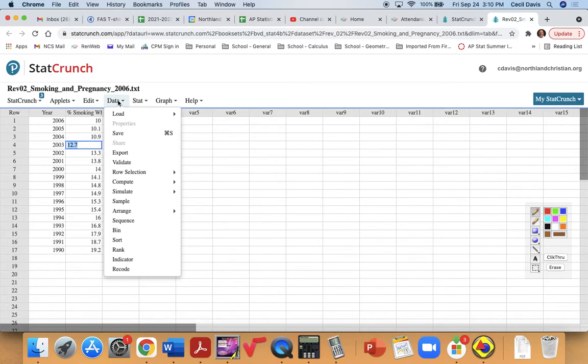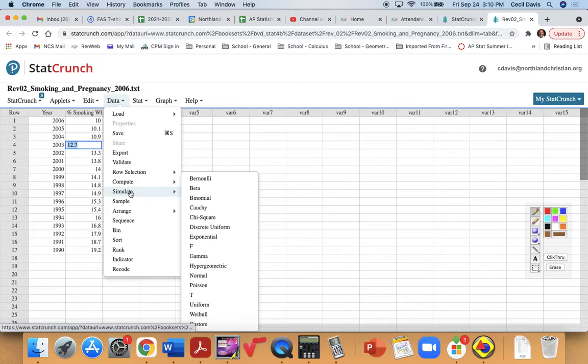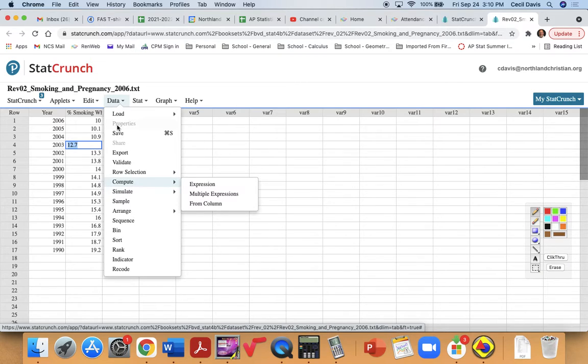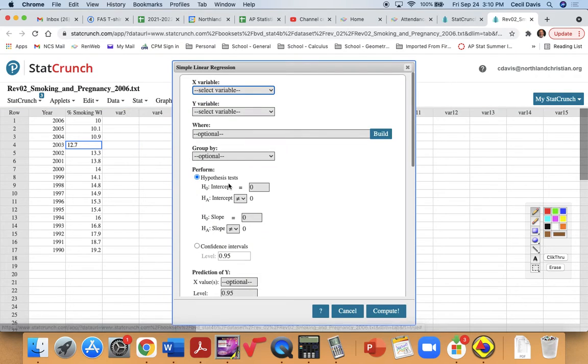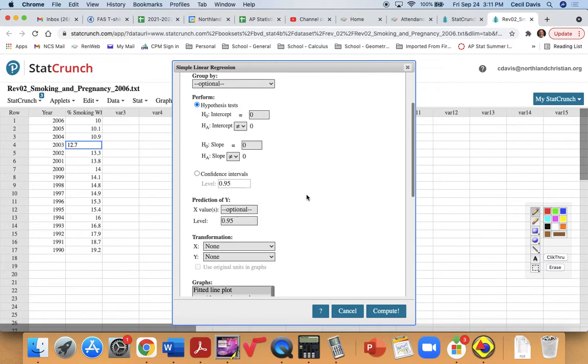And actually, instead of doing a scatter plot, I'm going to have it find the linear regression. I'm going to do a simple linear regression. My x variable is going to be the year. The y variable is going to be the percent smoking while pregnant, which fortunately has dropped to almost nothing.